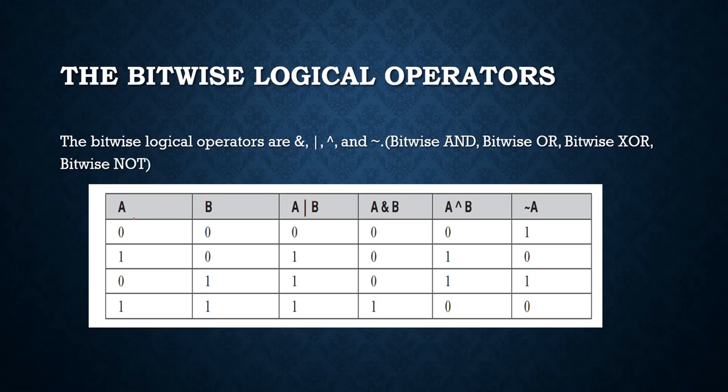So if the bit of operand A is 0 and the bit of operand B is also 0, then A OR B is 0, A AND B is 0, A XOR B is 0 and complement of A will be 1. This diagram gives you the complete representation of the logical operations between the two operands A and B. So this is about the bitwise logical operators.